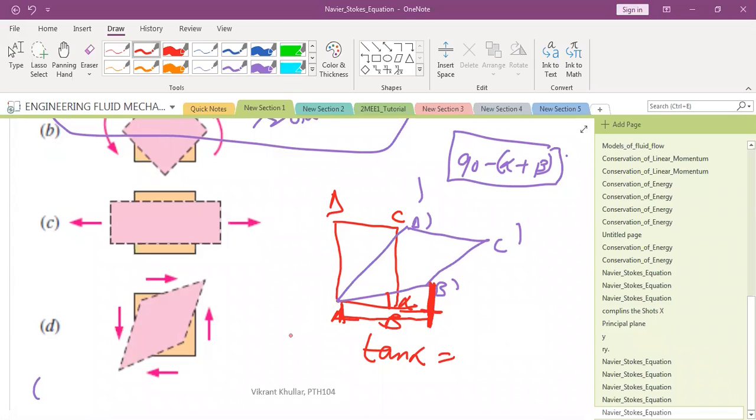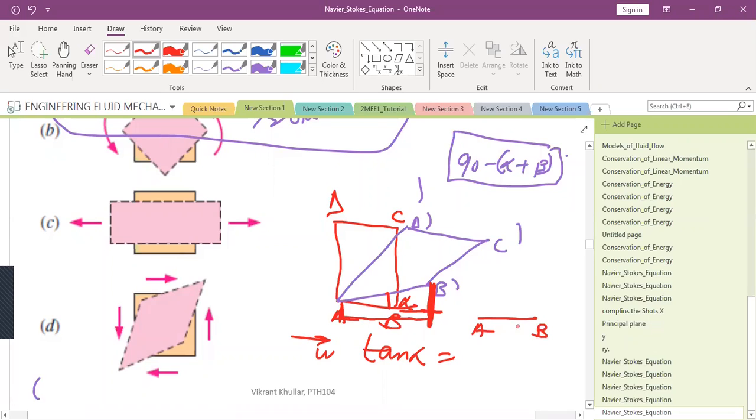If A is moving with u velocity, what will be? Now let me know if A and B had similar velocities in vertical direction. So this was A, this was B. If velocity at A was V in vertical direction, velocity at B was also V, then would this deformation take place or not?